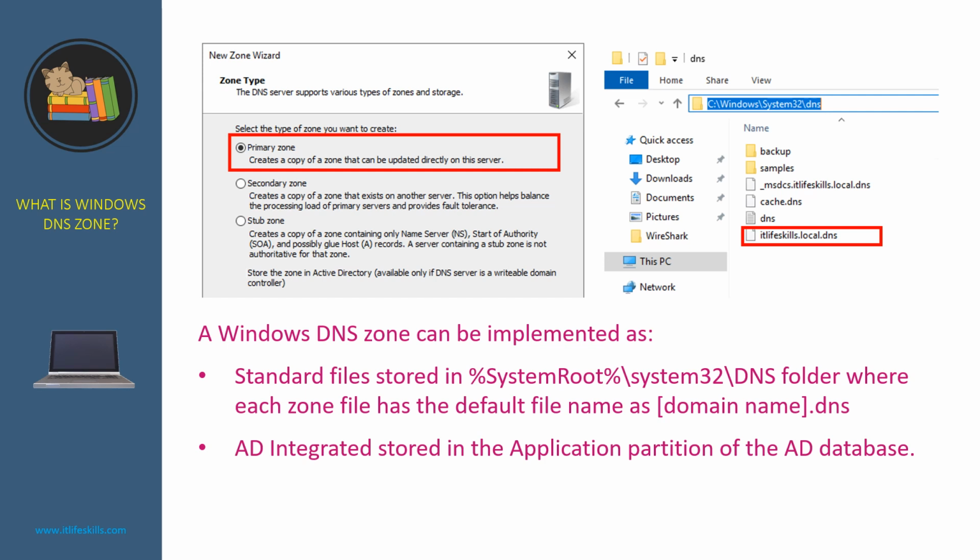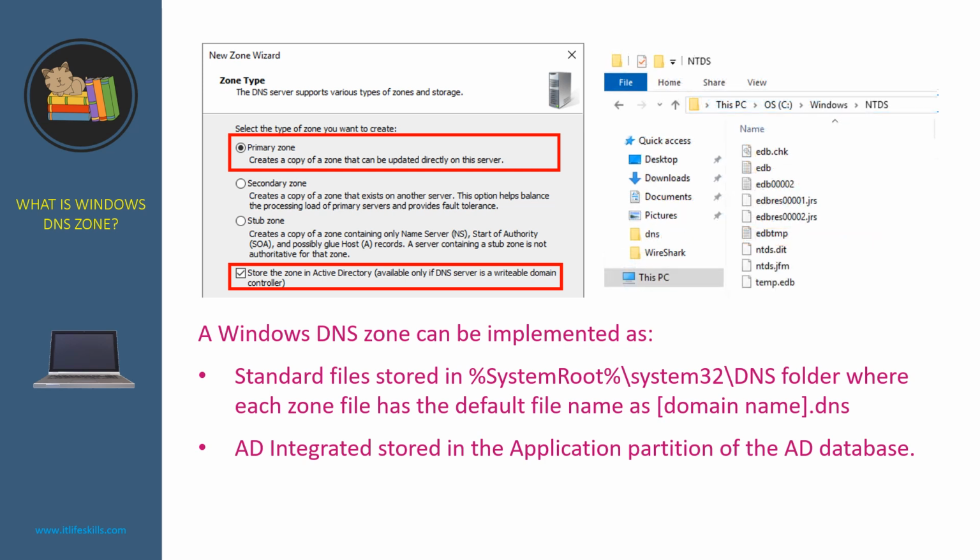However, if we create the zone for itlifeskills.local as the primary zone with the option to store the zone in the Active Directory, then the zone will be created in the Active Directory database application partition.